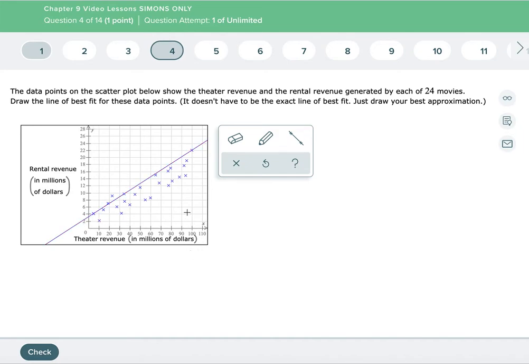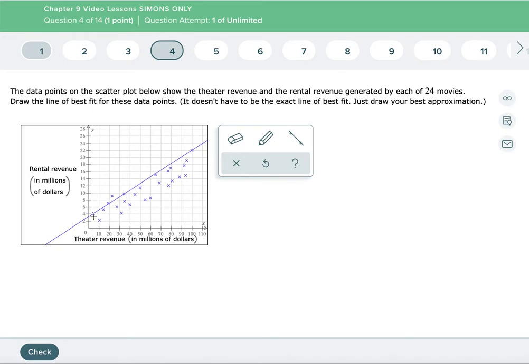Now, before I click on this and say, okay, I'm happy with this, what you want to look at for your line of best fit is an even distribution of the points around the line. And if you look at this, you can clearly see that I have way too many points, the x's, that are below the line. So you kind of want that to be split.